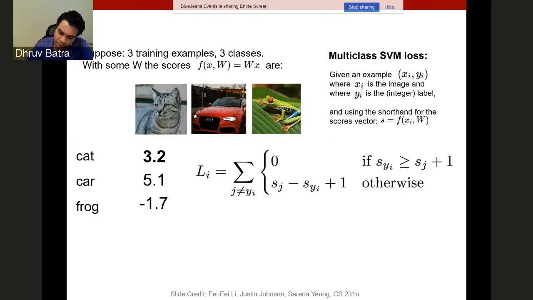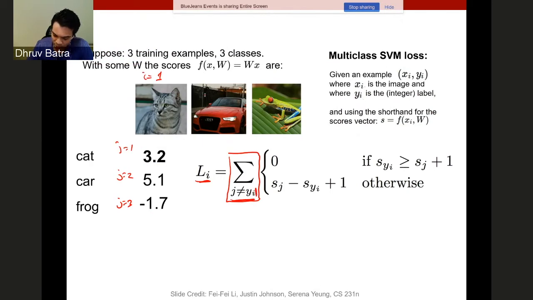Here's how multiclass SVM loss is defined. I've written the entire expression down, but let's walk through this. So L sub i, for the ith example, we are writing down the loss of the ith example. There is a summation on all categories. So this is j equals 1, j equals 2, j equals 3, and so on. So there's a summation over all categories that are not the right category.